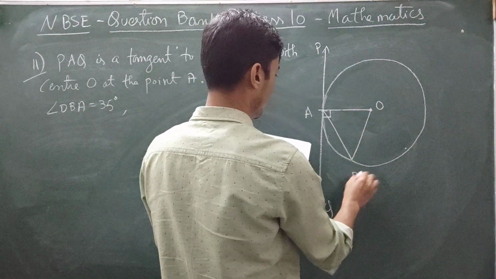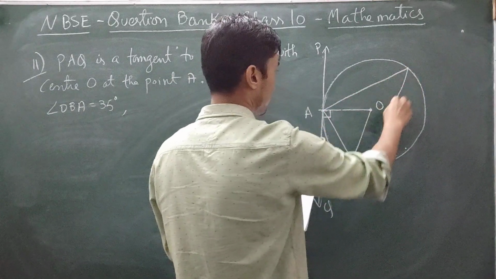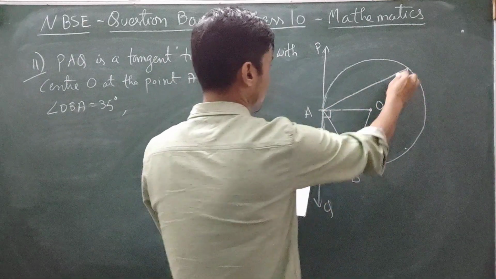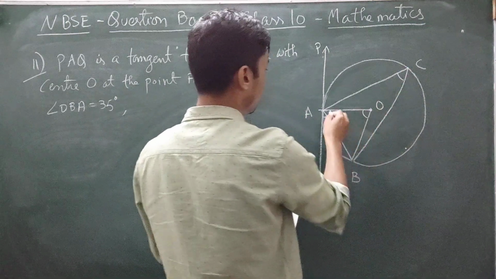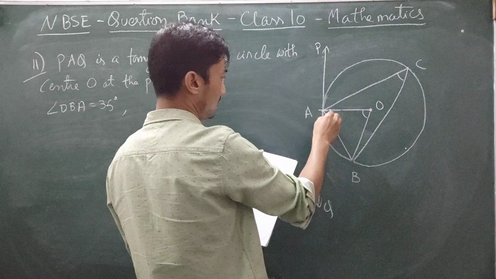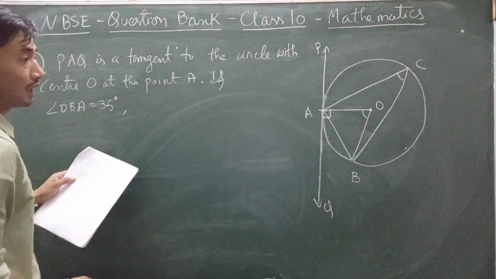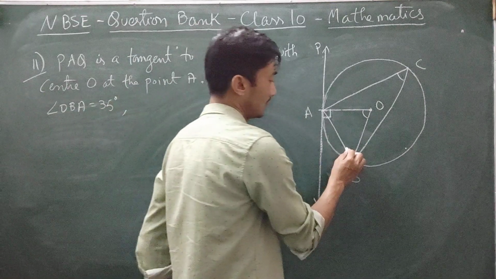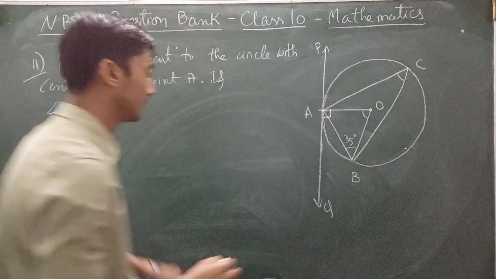Then we have the figure again, something like this, with C. This was my 90 degrees. OBA is 35 degrees.